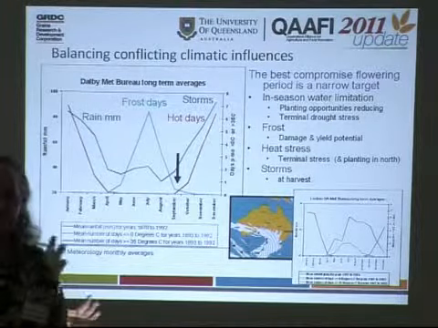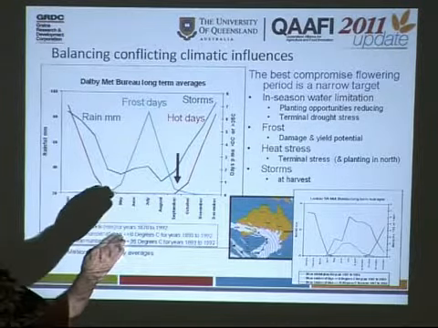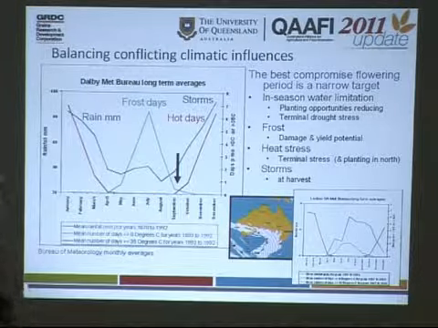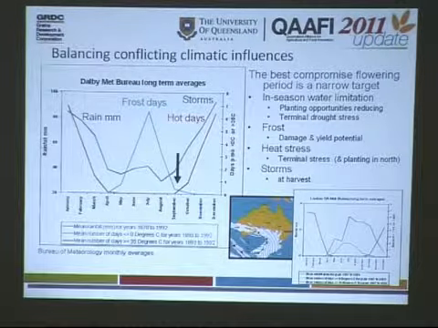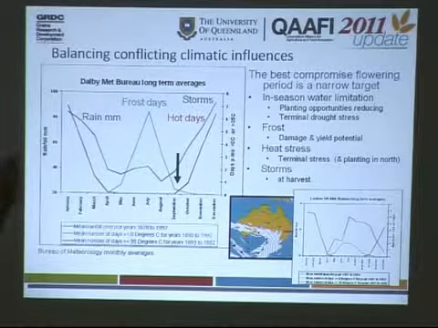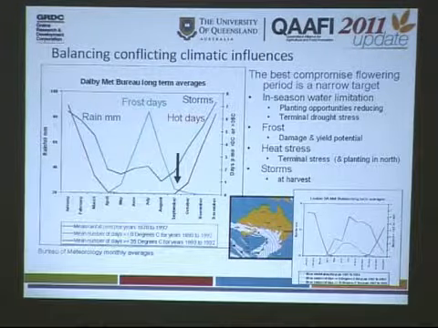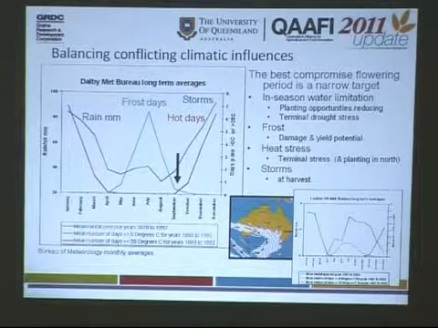This just comes from the Bureau of Meteorology site, anybody can get this data. And there's a number of frost days, days below zero in a particular month. This is the number of days above 35 degrees in a particular month. You can see that the rainfall is dropping and we have a dry winter mid-season. This is one of the reasons we have such a severe frost risk.